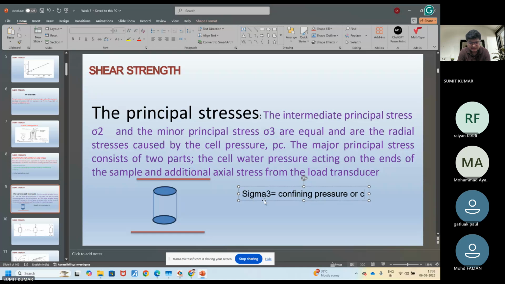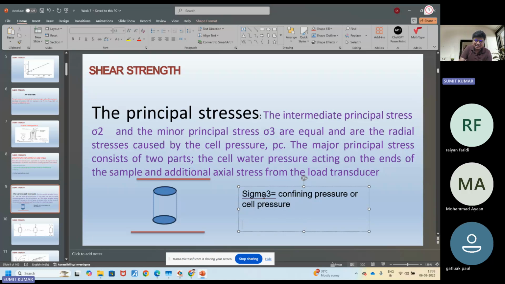And another is the deviatoric stress, that is sigma d. That is the deviatoric stress.